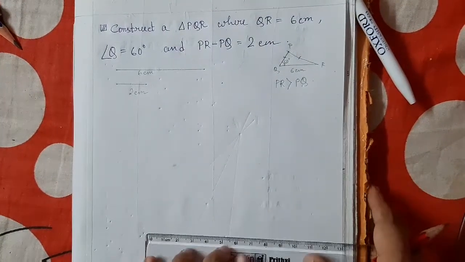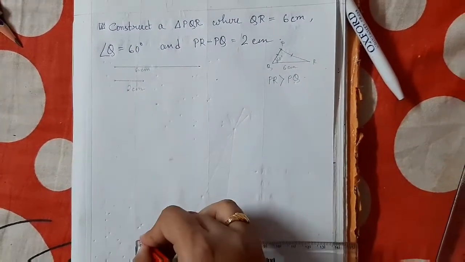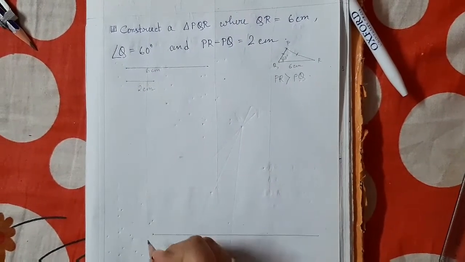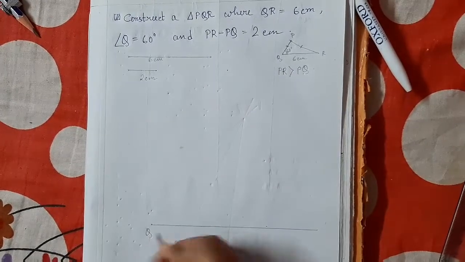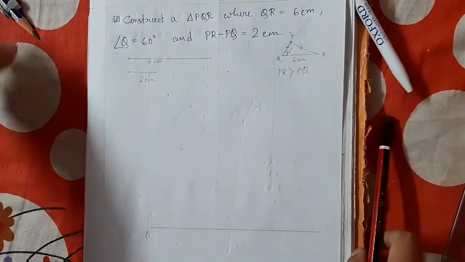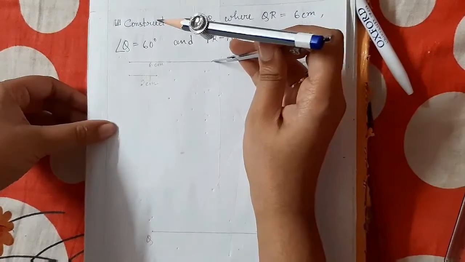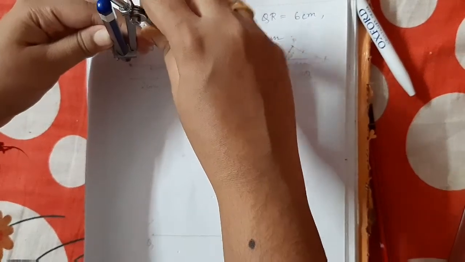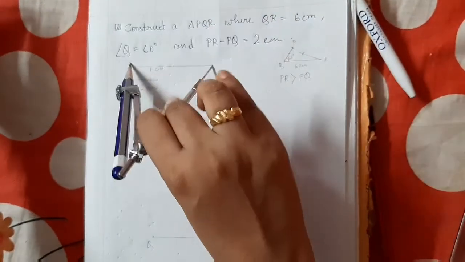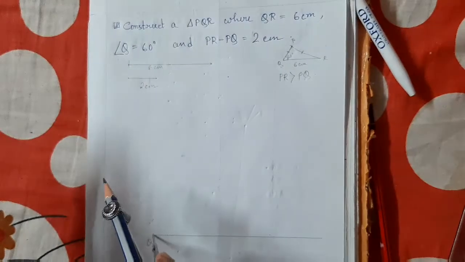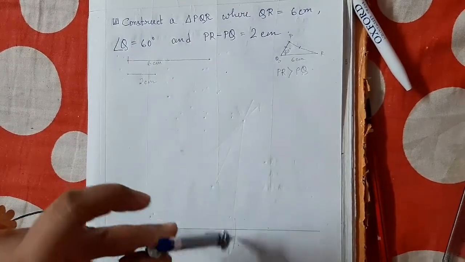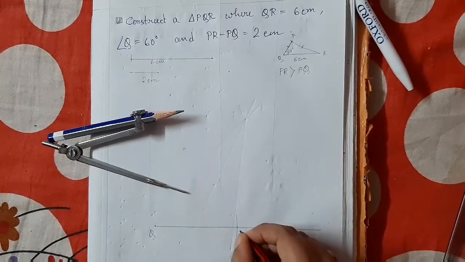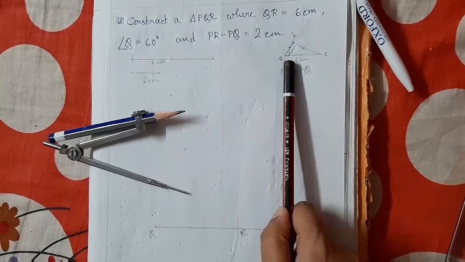Now I will take an arbitrary ray and mark one end point as Q. Since the length of QR has to be 6 cm, I will take the measurement of this 6 cm and cut it from point Q. This point will be R. Now at the point Q I will draw 60 degrees.